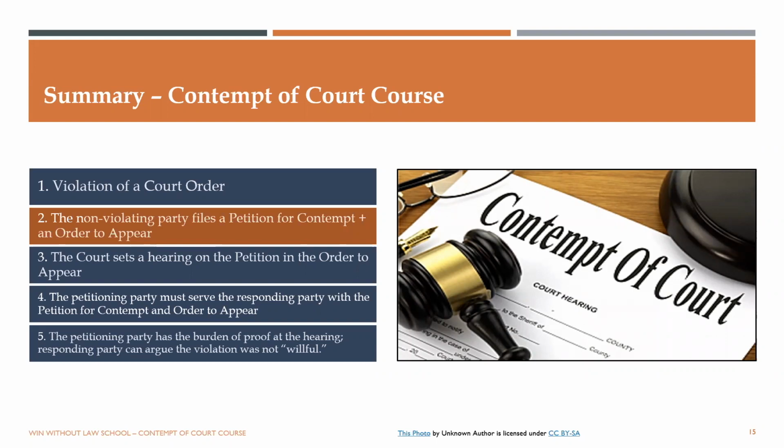Once the hearing is started, the petitioning party has the burden of proof at the hearing, and the responding party can argue either that they didn't violate the order, or they could argue that their violation was not willful. So from there, the court hears the evidence and then makes a ruling about whether or not the violation of the order was proven or not, and then if it was, what the sanction should be.